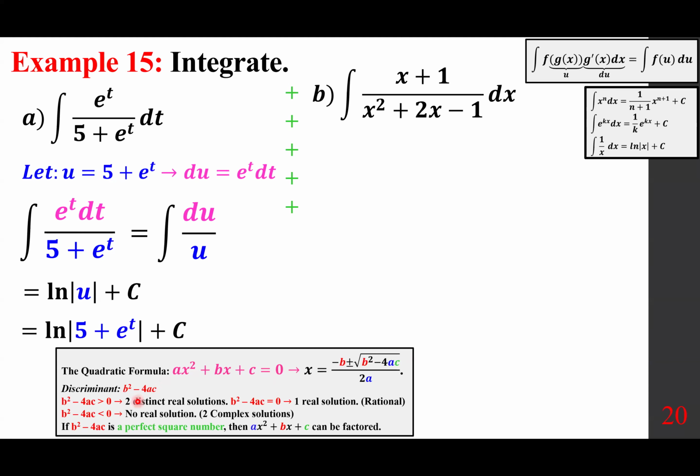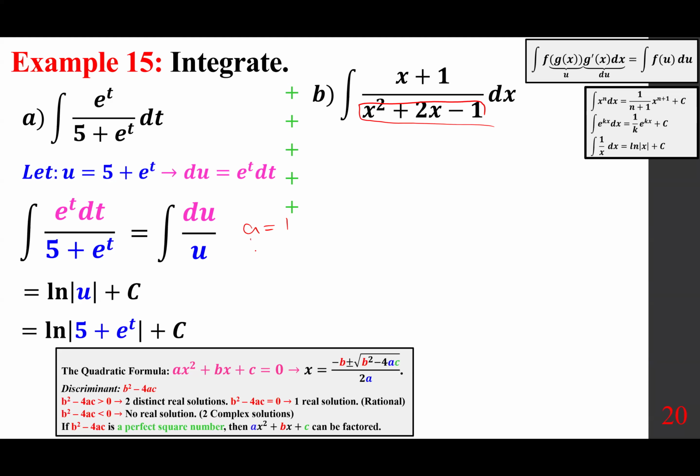When it's positive, we have two distinct real solutions. When it's 0, we have one, which is a rational number. When it's negative, we have none real; we have two complex solutions, a plus or minus bi. If it's a perfect square, that means it can be factored out. So one way to look at this is to calculate b squared minus 4ac.